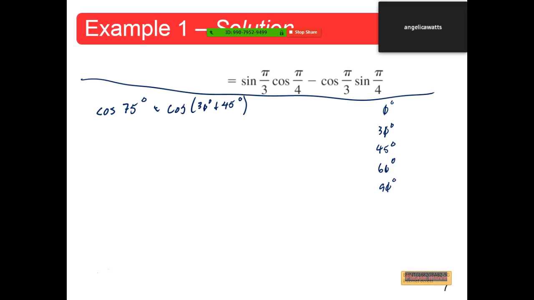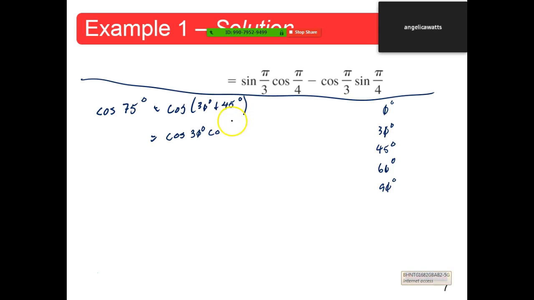So all we need now is for you to tell me what the cosine of a sum formula is. Remember what it is? Cosine of a sum or difference is cosine, cosine, sine, sine.